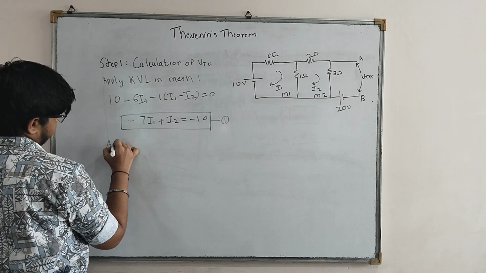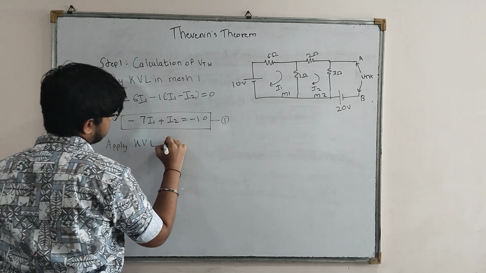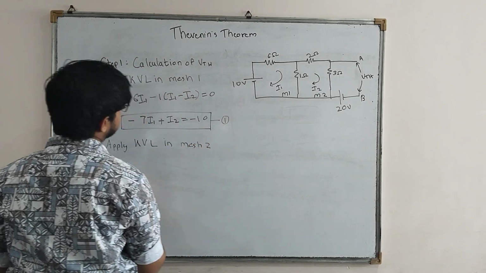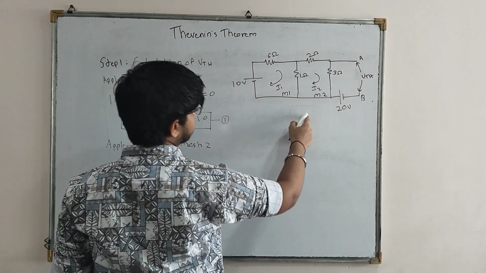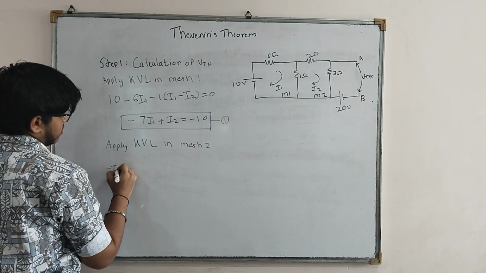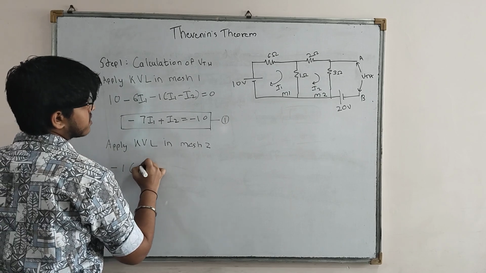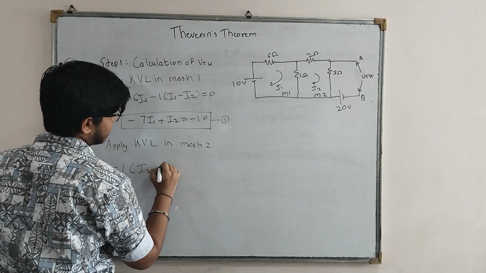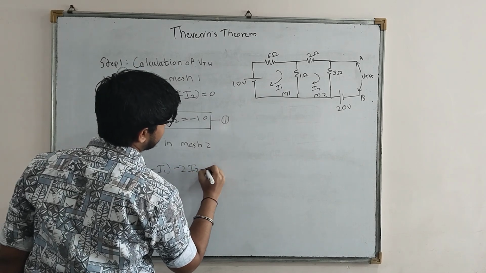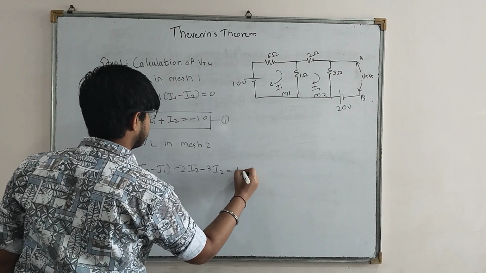Apply KVL in mesh 2. Okay, so this is my mesh 2. I will apply KVL. Minus, I just made a mistake, minus 1 times I2 minus I1, minus 2 times I2, minus 3 times I2 is equal to 0.